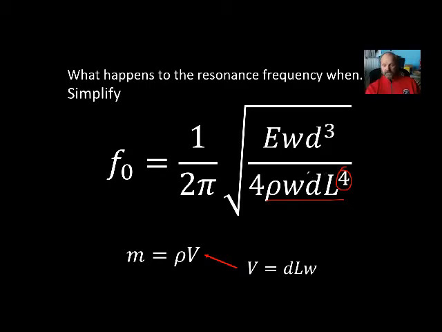Now you're going to say, oh, we can get rid of a D, and we can get rid of a W. Oh, look, there's no more W. So we got rid of the W completely out of the equation. That means frequency is not dependent on the width, and that's a good thing when you're a designer.